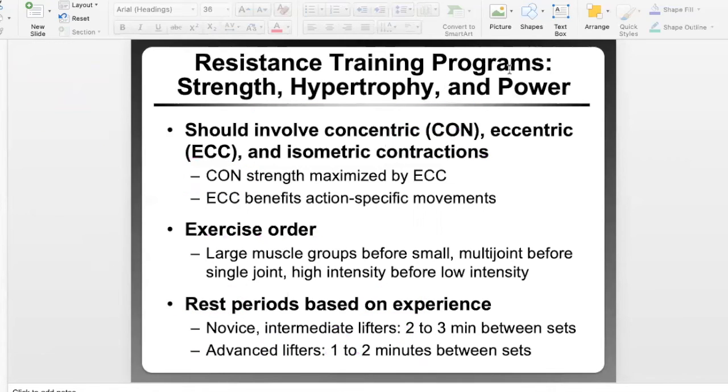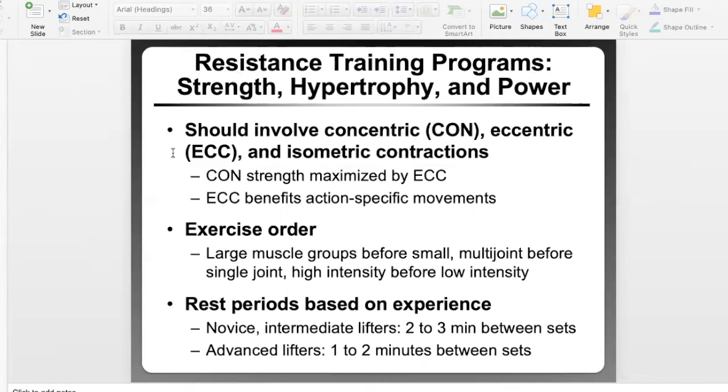My resistance training program includes hypertrophy training, strength training, and power training. They should vary between concentric and eccentric muscle contractions. Concentric muscle contractions are going against gravity and generating power.